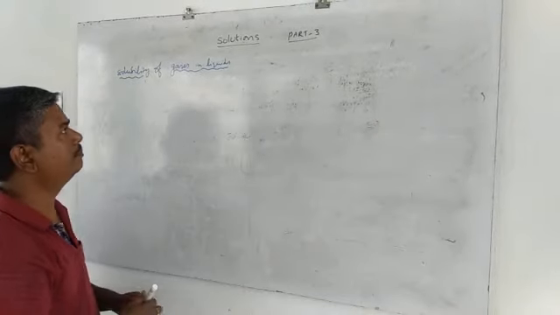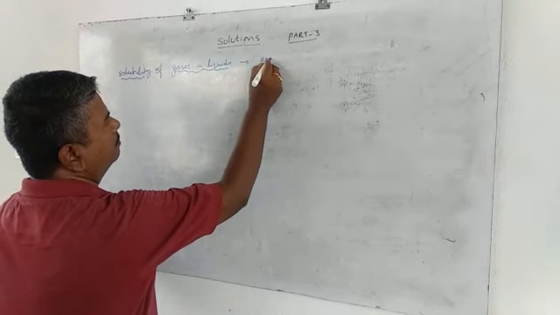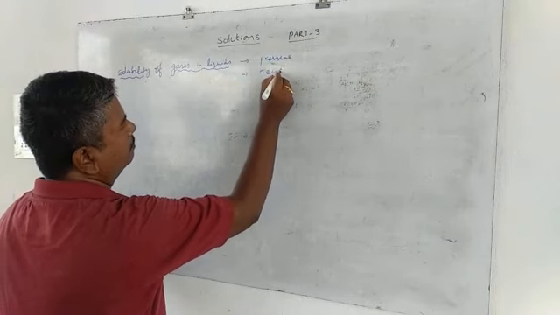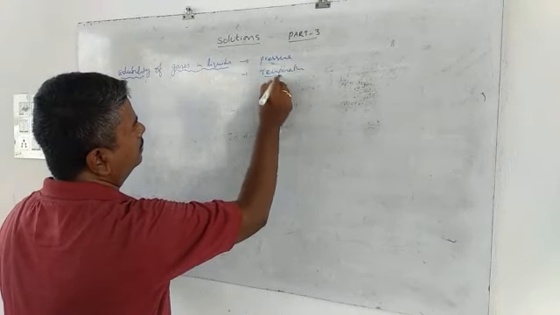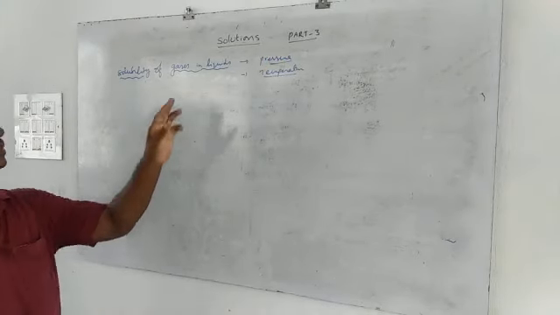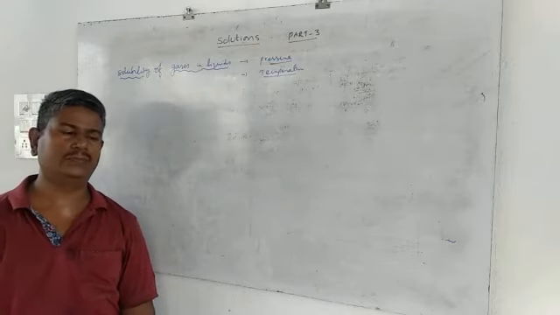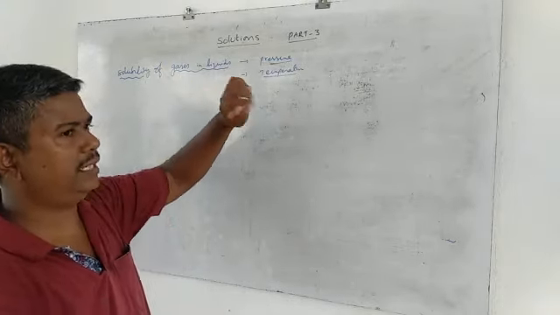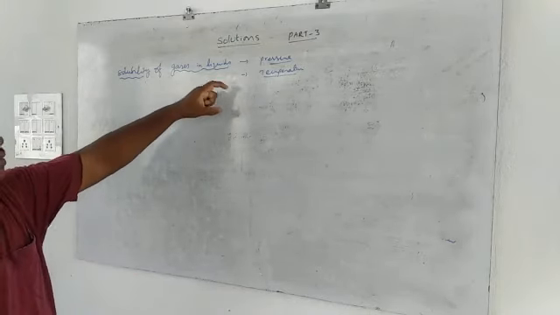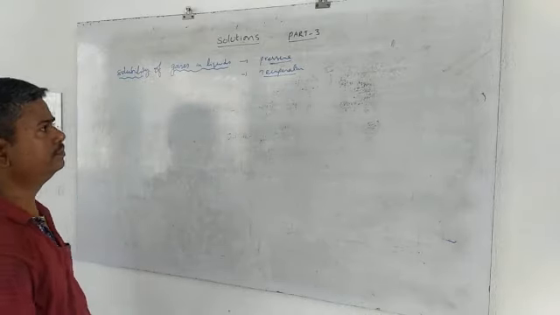One is pressure, and another one is temperature. These two components mainly affect the solubility of gases in liquids. How the pressure affects the solubility of gas in liquids will be discussed now.